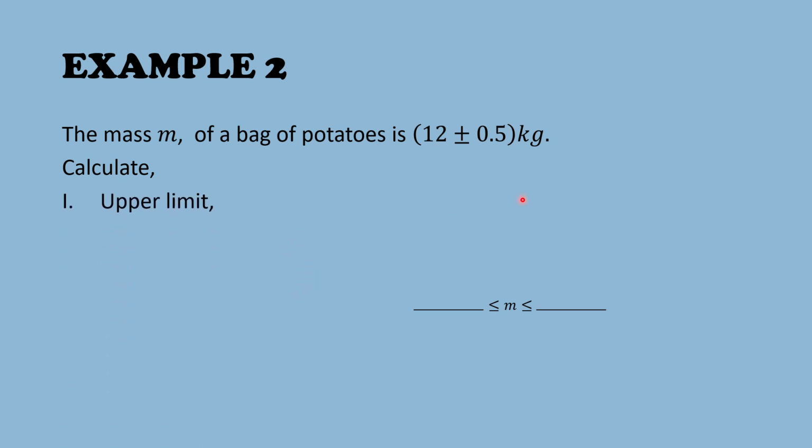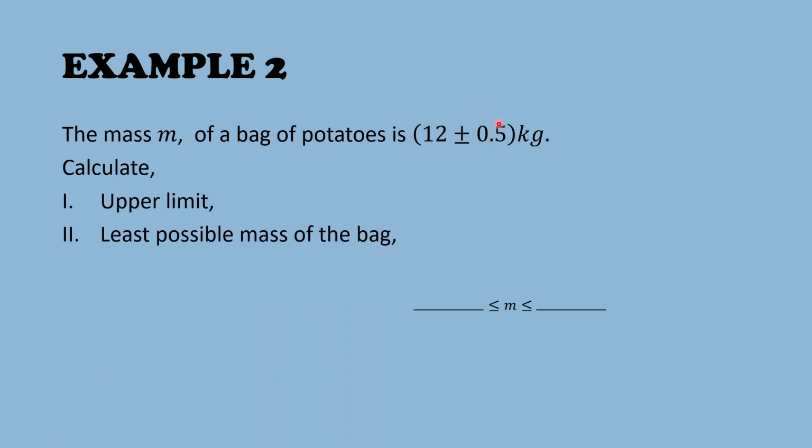When a question has been given to you like so, where 12 plus minus 0.5, straight away notice that this number is indicating the absolute error. So in this question, error has been given to you in advance. There is no need for you to calculate error because it has been calculated for you.